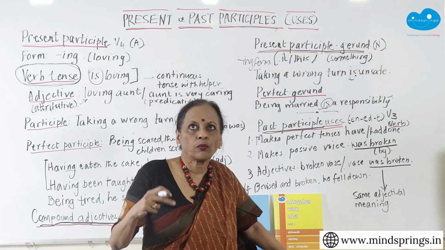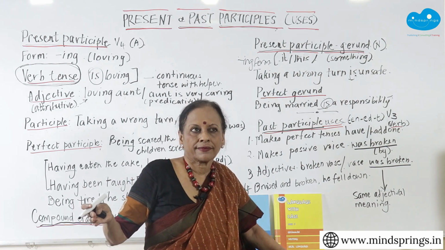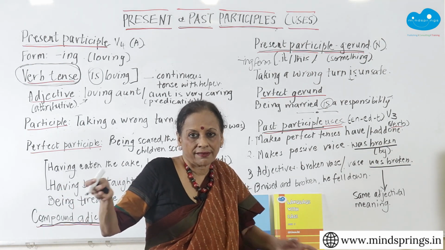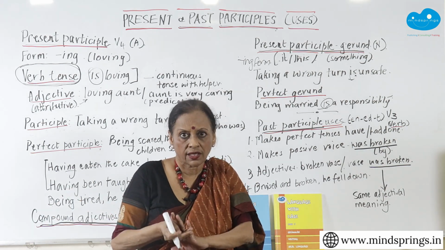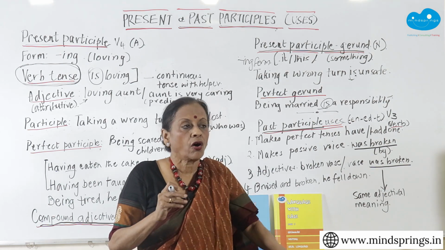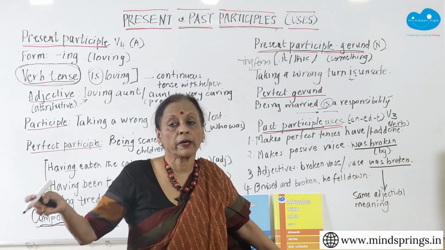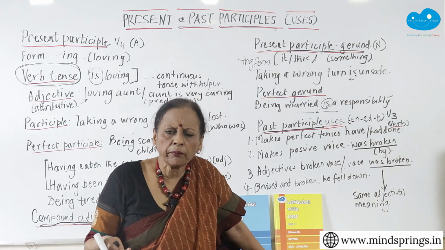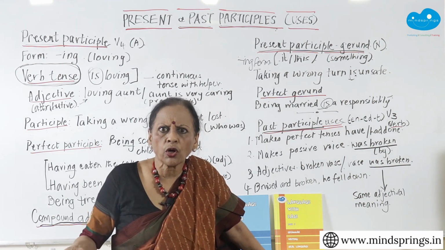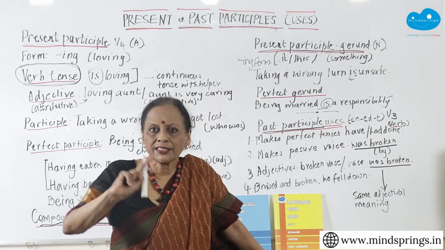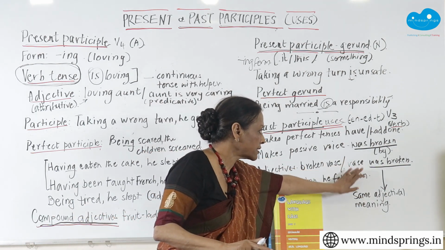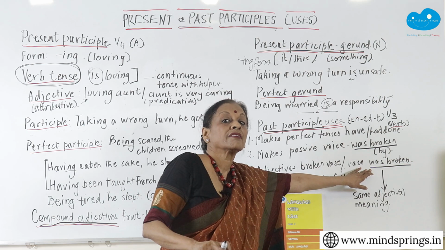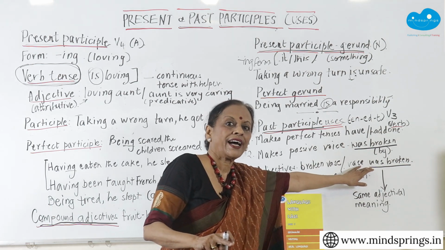Whether I say the vase was broken, it is an adjective, we are talking about the broken vase, it is in the predicative. Or if I say the vase was broken by Mahesh, it is the same meaning, the vase is broken, nothing changes. So, do not fight about this, this can be both a past participle adjective as well as the past tense.